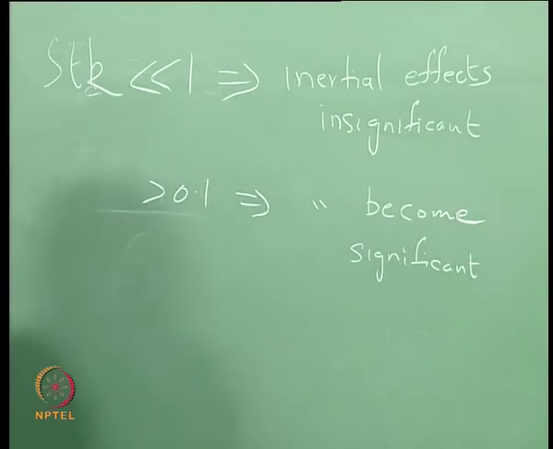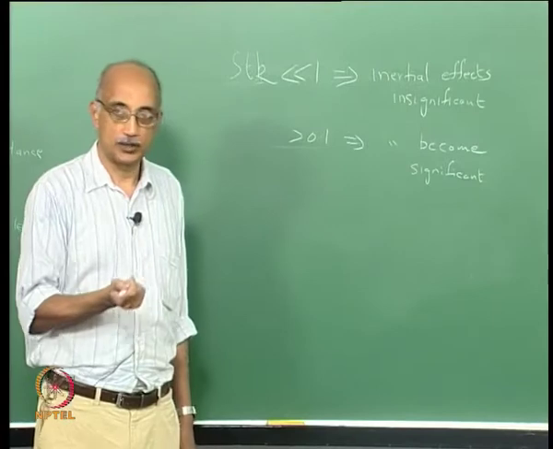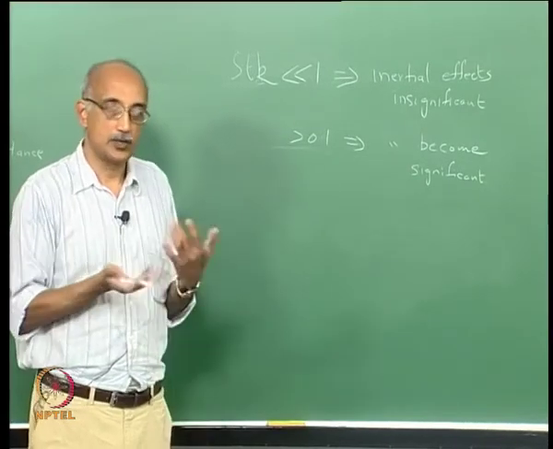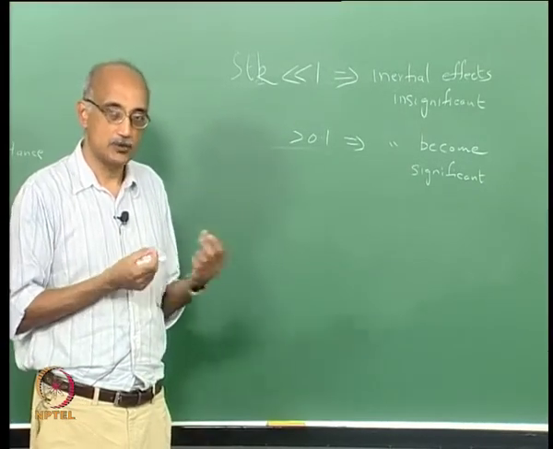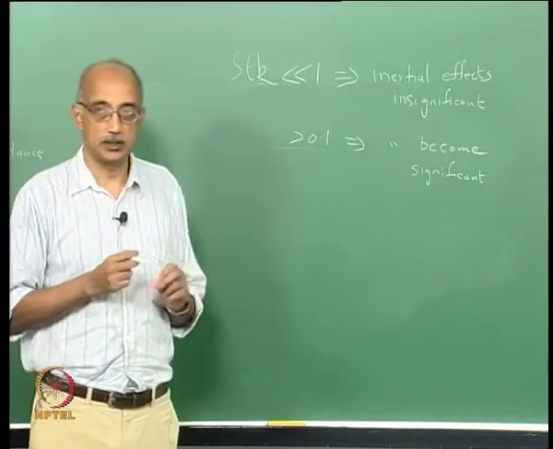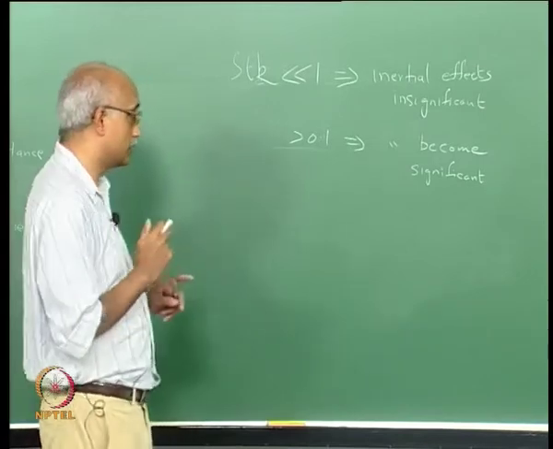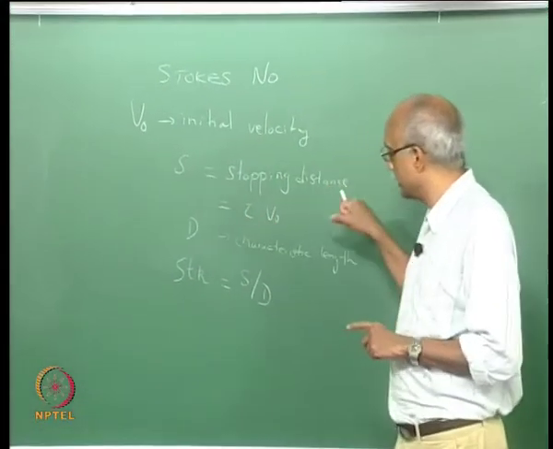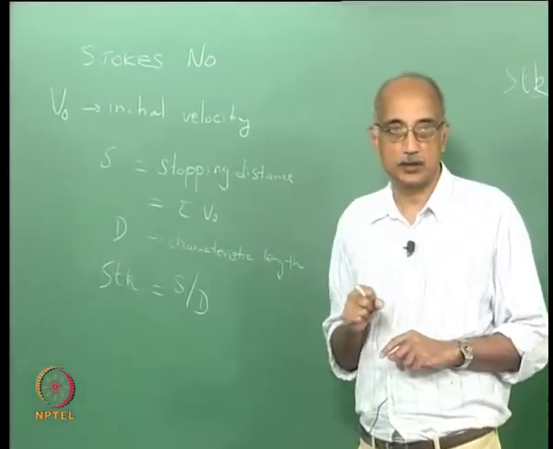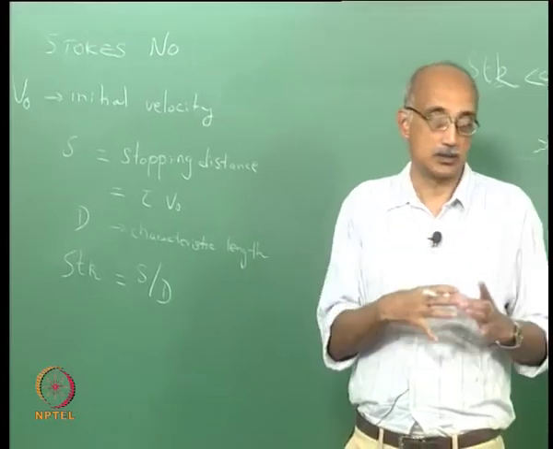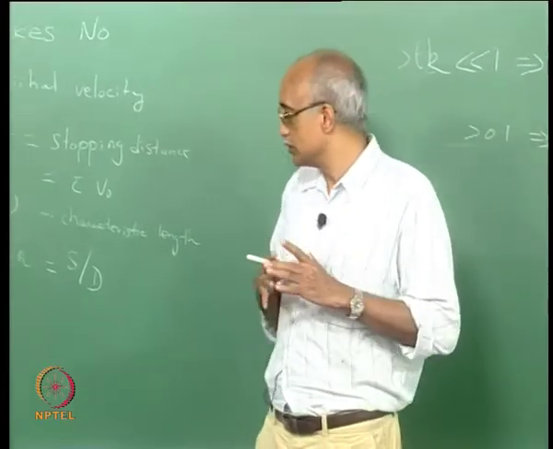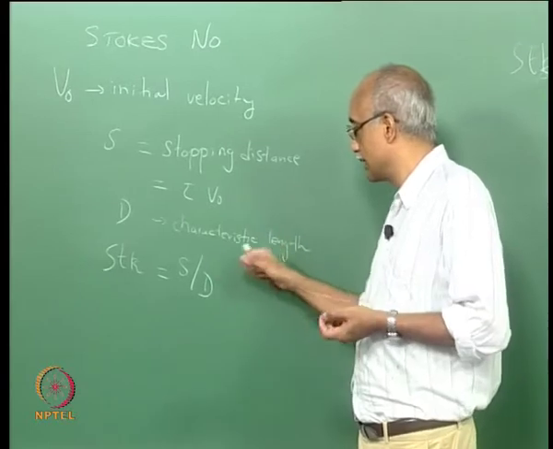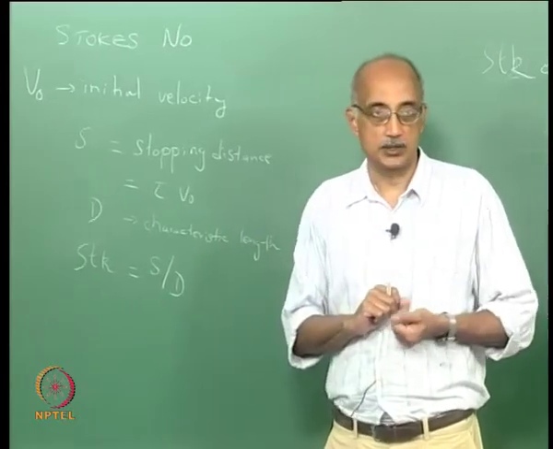So, for any physical problem, you calculate the Stokes number associated with particle motion and find out its magnitude, and that will pretty much give you an idea of how important inertial effects are. Now, one of the key things to remember here is the Stokes number is not only related to the stopping distance of the particle, it also refers to the dimension of the surface. In other words, you may have a particle that has a relatively small stopping distance.